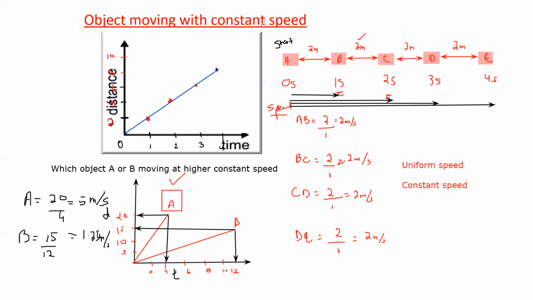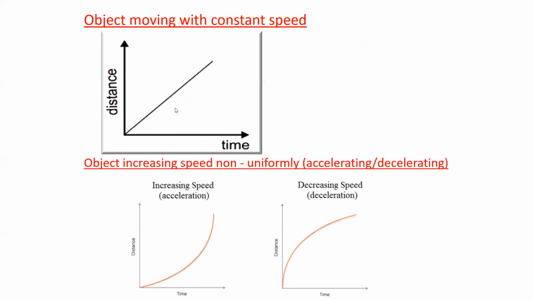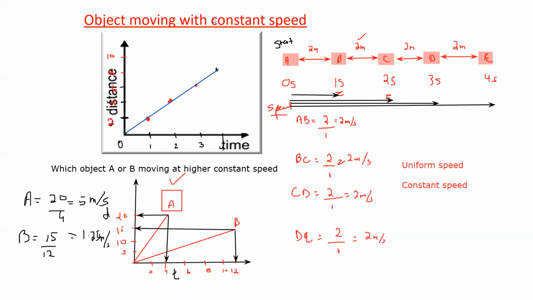So the first case we discussed, for a distance time graph, was when the object... Abdullah, how can we find the speed? Speed is distance traveled divided by time. So what is the distance traveled by A? The distance traveled by A is equal to 20, and the time is equal to 4.